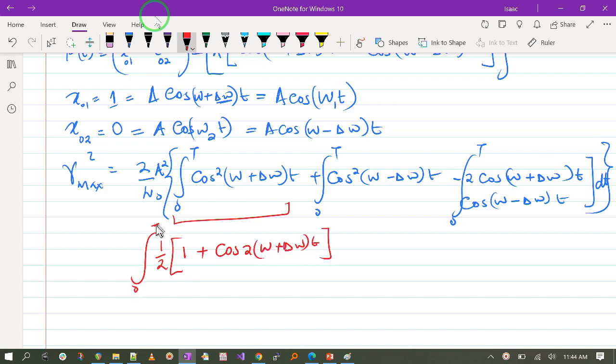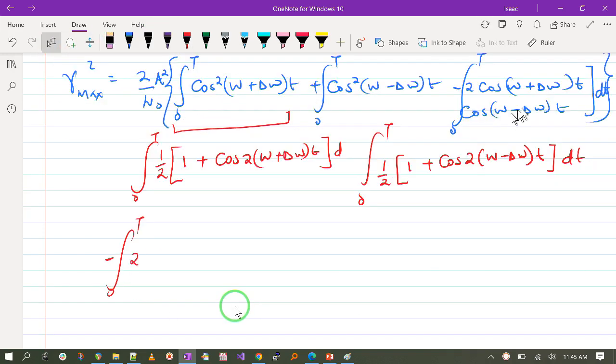That is our first integral, and the second integral will follow the same idea, cos of 2 omega minus delta omega t dt, and the last one, remember, is cos A cos B, and we know that cos A cos B gives us a half of cos of A plus B plus cos of A minus B. Therefore, when we introduce that half, we get cos 2 omega t, and this minus this, we get cos of 2 delta omega t dt.